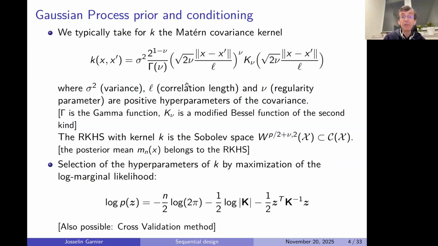And so you have these three hyperparameters. You can select them based on data, actually, by maximizing the marginal likelihood or the log marginal likelihood. So this is something that is well known in the business of Gaussian process regression. There are other methods to select the hyperparameters, but in what we will do today, the maximization of the marginal likelihood is good enough. So this is what happens for Gaussian process regression for a scalar valued function.